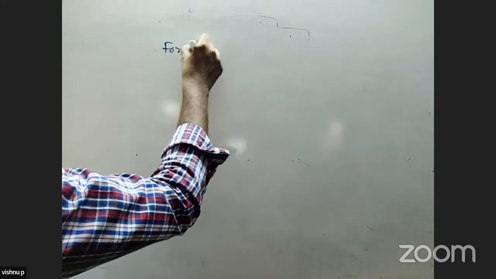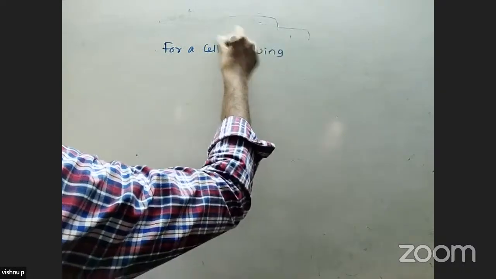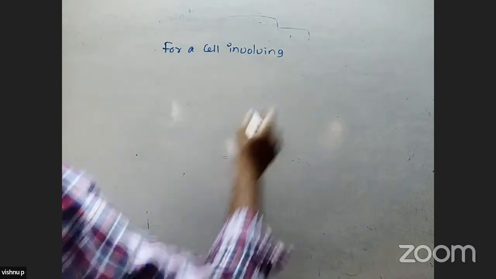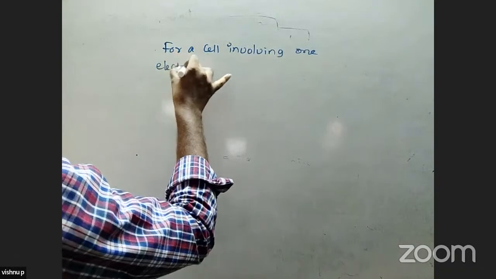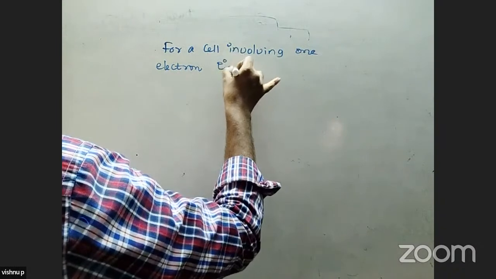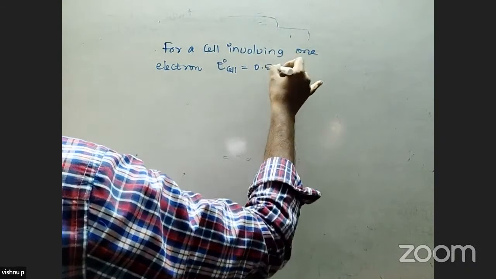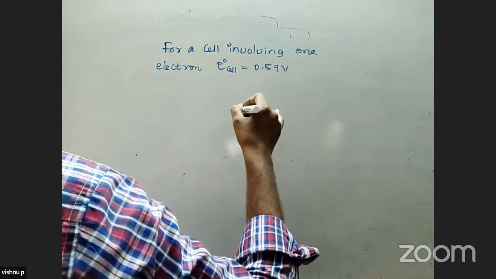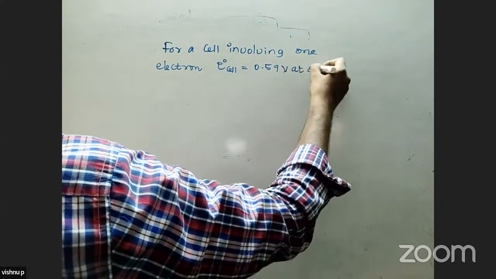Next question. For a cell involving one electron, E naught cell is equal to 0.59 volts at 298 Kelvin.